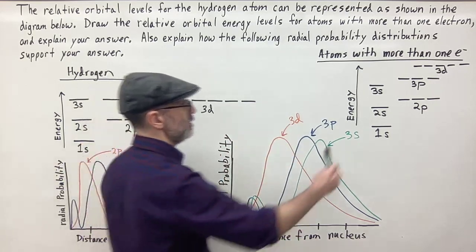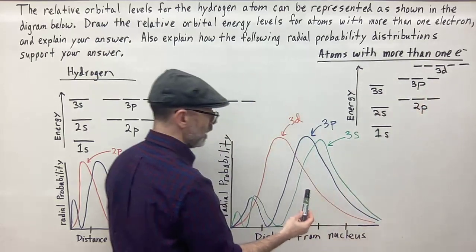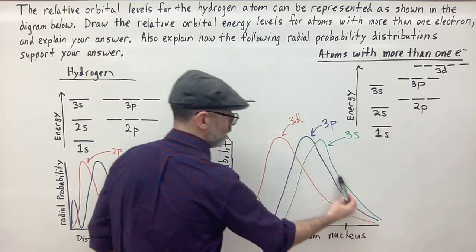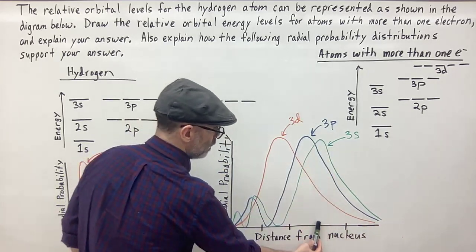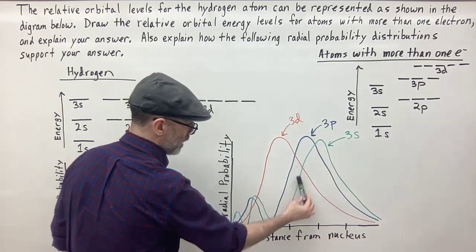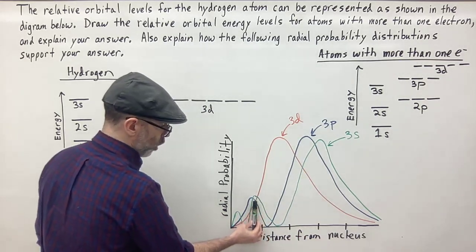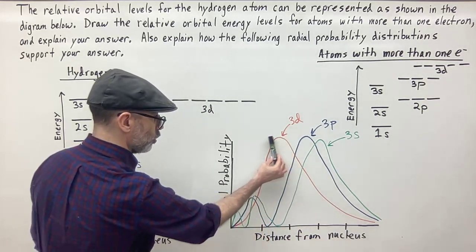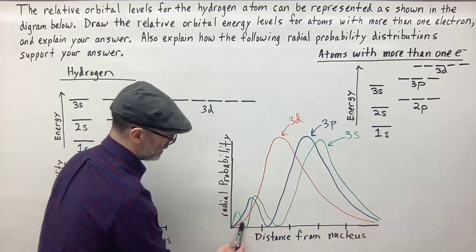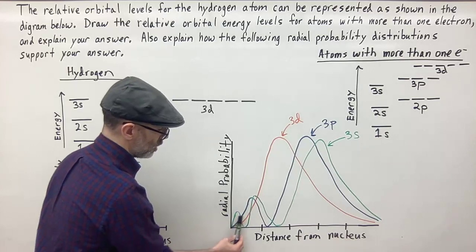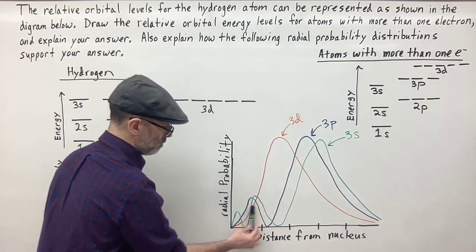And then you'll notice here that the 3s has lower energy than the 3p. If you look at the green line here, you have one peak here. That's going to come down, and then you have a second peak. The second peak is still closer than the 3d, but then notice that it has this third peak here, closer than the 3p.